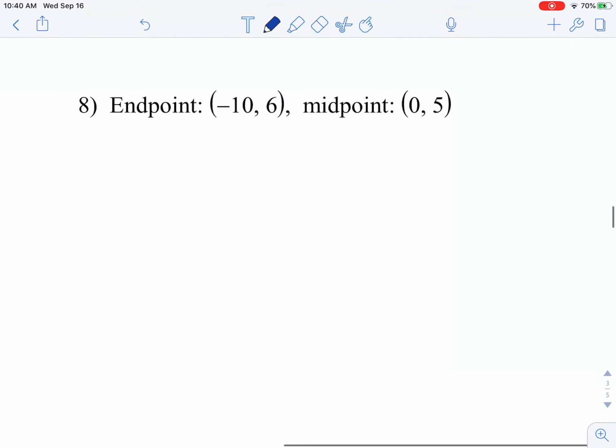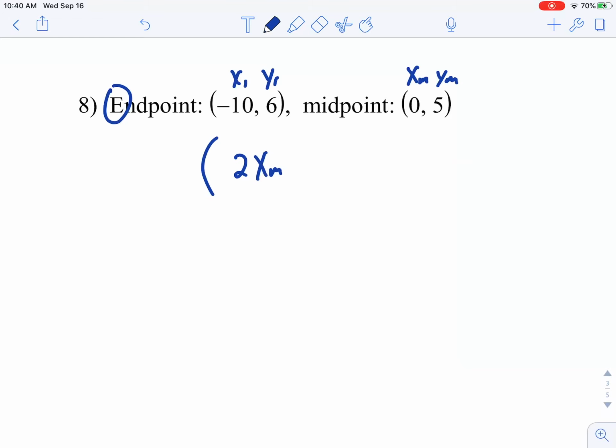So the endpoint, you can call it x1, y1. The midpoint, xm, ym. So the formula is 2xm minus x1, 2ym minus y1.